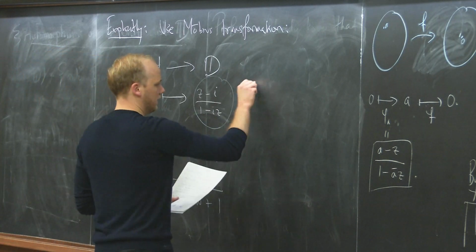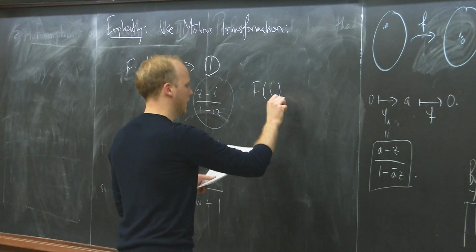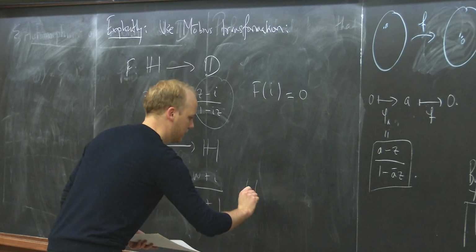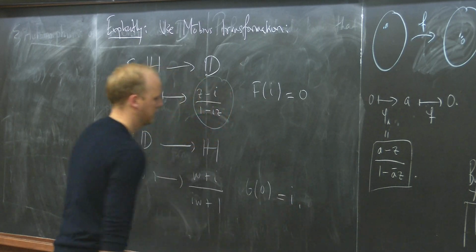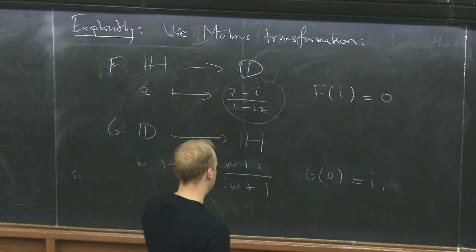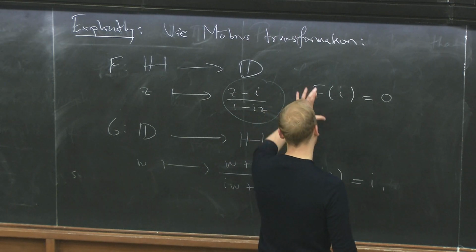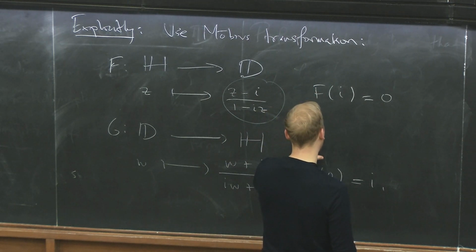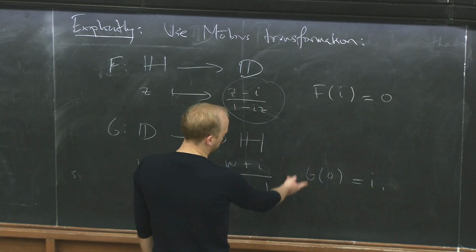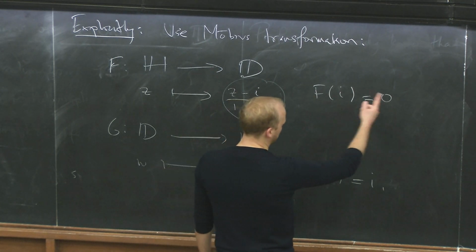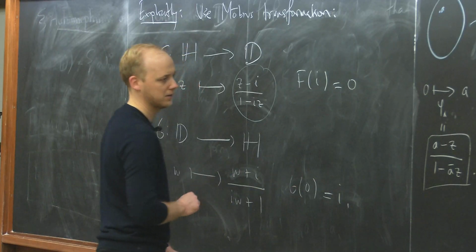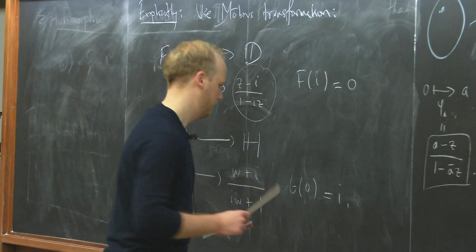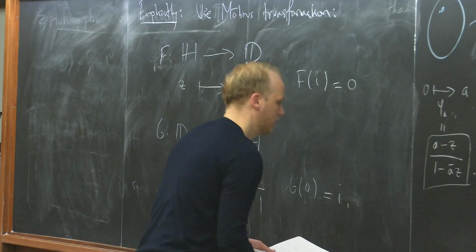Okay, and here we should note that f of I is equal to 0 and g of 0 is equal to I. So why I'm saying this is just to say that when we find the inverse, we could find it up to scaling. But we have here used a sort of compatible scaling, which says that I is sent to 0, and 0 is sent back to I through this inverse that we find.